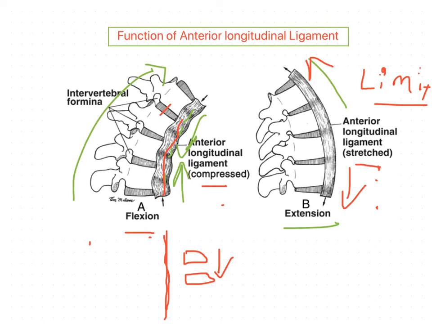In that condition, the anterior longitudinal ligament becomes slack, even more slack, in the neutral position. So these are the functions and structure of the anterior longitudinal ligament. In the next session, we are going to discuss the posterior longitudinal ligament. Thank you.